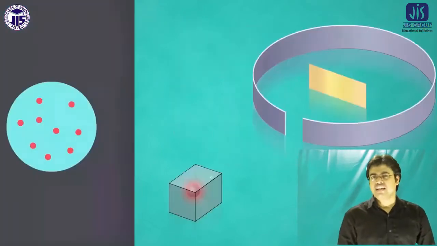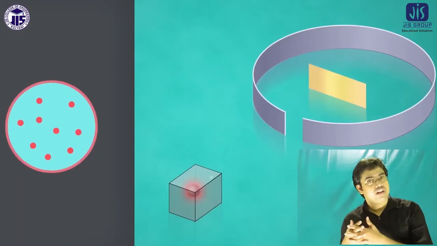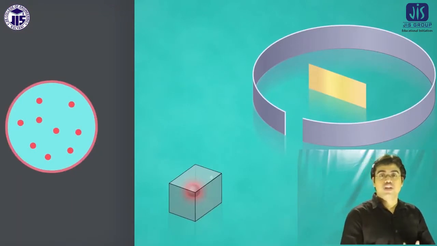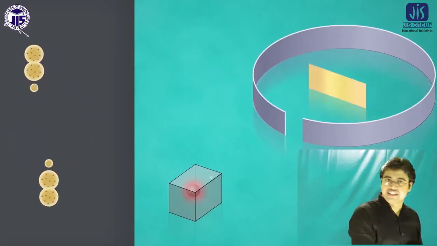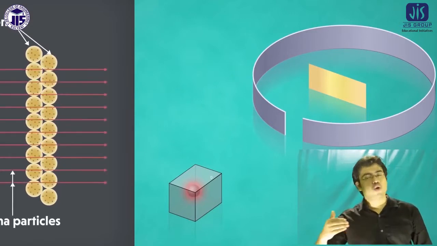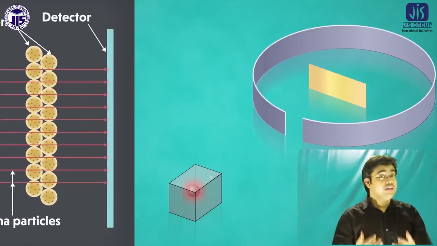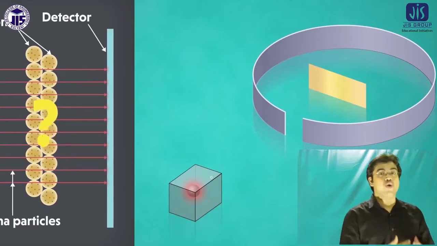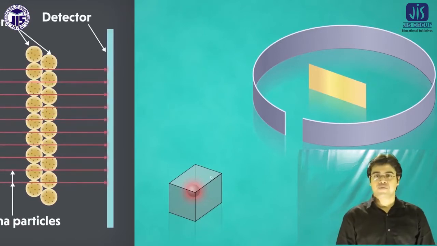So there was an expectation from Rutherford that if the plum pudding model was right, then all the alpha rays should pass through the gold foil, and all of them should go in a straight line.